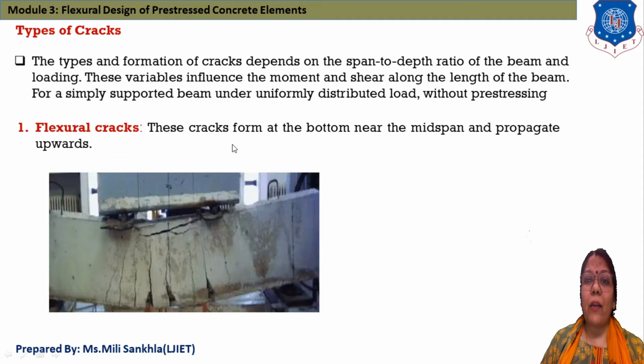This crack is formed at the bottom near the mid span and propagates upward. In this figure we can see the crack starts at the bottom of the beam, that is the soffit of the beam, and propagates in the upward direction. This is the image of a flexure crack.